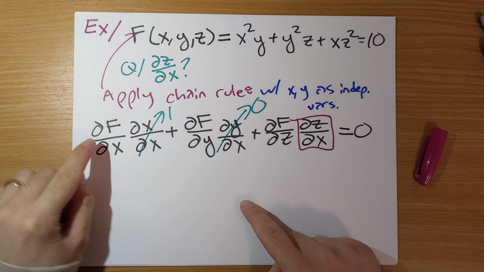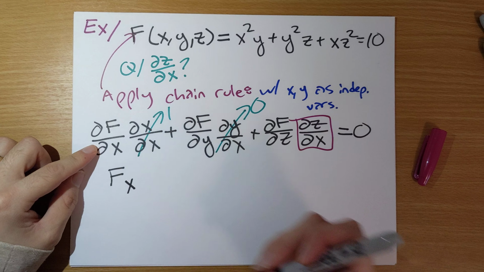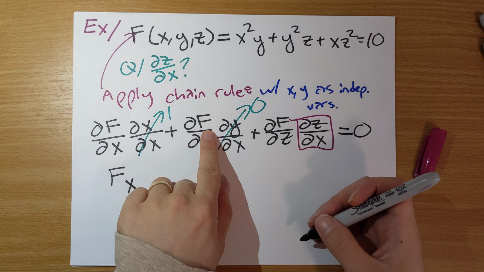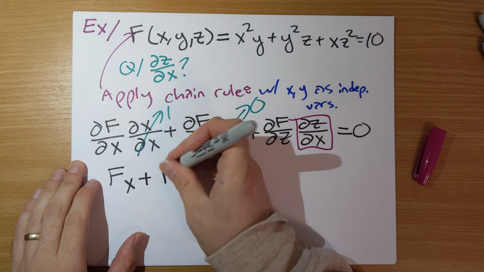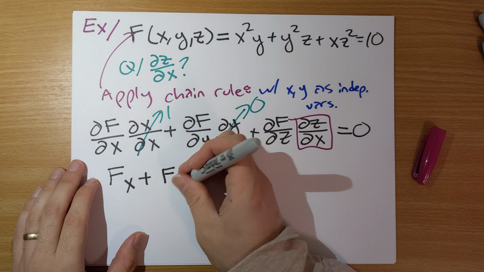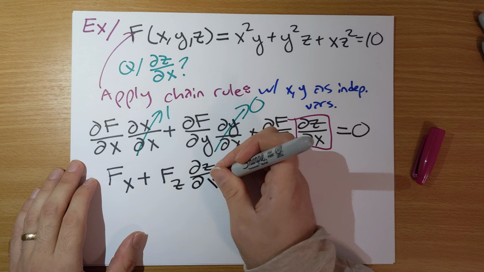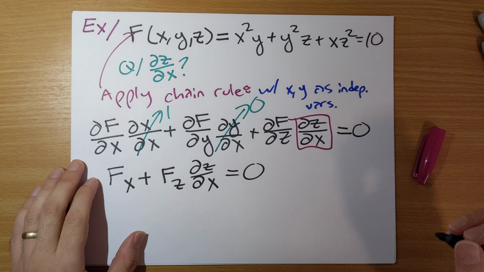So what are we left with? We're left with the x partial derivative of f, so f sub x, plus 0, plus the partial derivative of f with respect to z, f sub z, times partial z partial x. That's equal to 0.